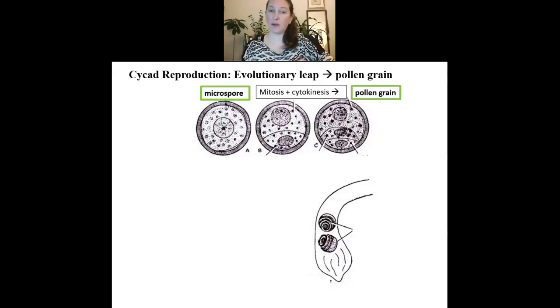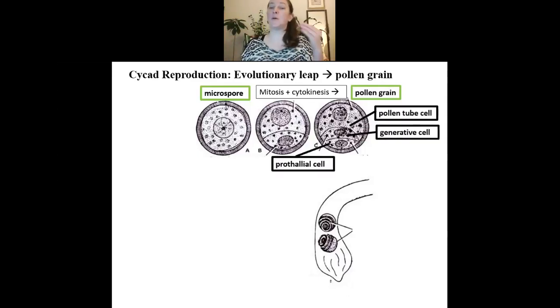So on the left, you have the microspore. On the right, you have the finished product, which is the pollen grain. The mitosis and cytokinesis that occurred allowed the microspore to go from a single-celled structure to a three-celled structure that's all contained still within the same cell wall.